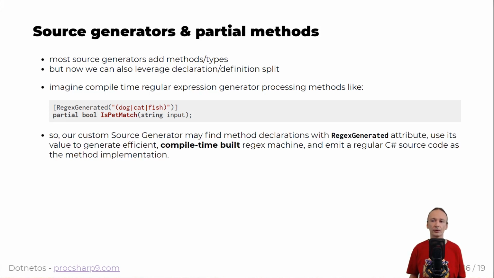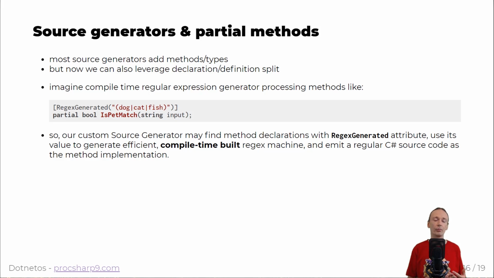So our custom source generator will find those attributes and generate a nice, efficient, at least I hope, implementation of those regular expression machines, and it will all happen during compilation time.